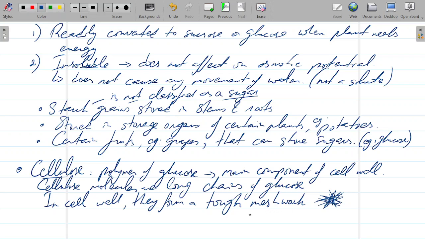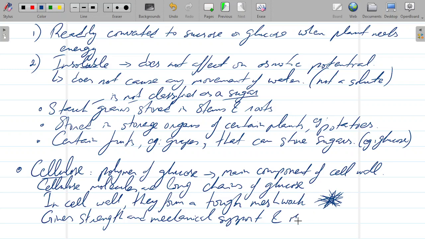So it's tough. It gives strength and mechanical support to the cell, as you already talked about, and is freely permeable. So substances can easily pass across the cell wall. They are not restricted by it in any way. And we've already talked about glucose being used in respiration. So yeah.